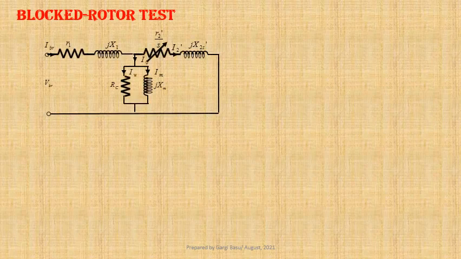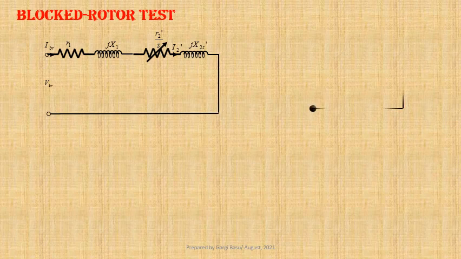Now we shall observe how to compute equivalent circuit parameters from the blocked-rotor test results. Let us first draw the equivalent circuit per phase for a 3-phase induction motor. Since at reduced voltage both Im and Iw are negligibly small, parallel branches may be open circuited.